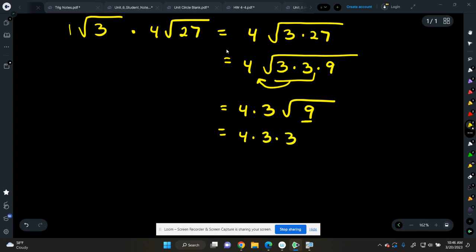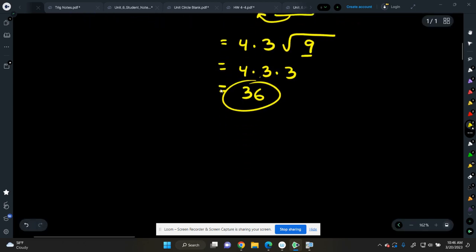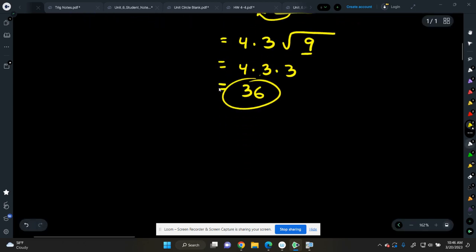So everything inside's gone on this one. Even if there's two pairs? No matter what, there's two pairs of threes. You still got two. So now we're going to combine what's outside. So we've got 4 times 3 times 3. That's 36. Okay. Questions on that?